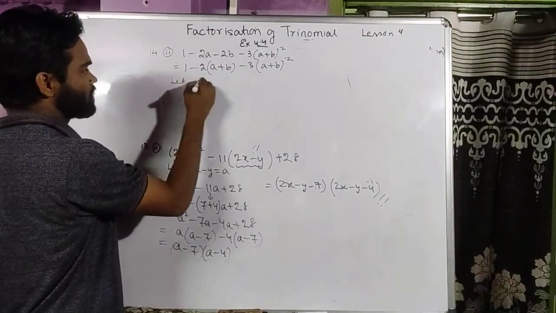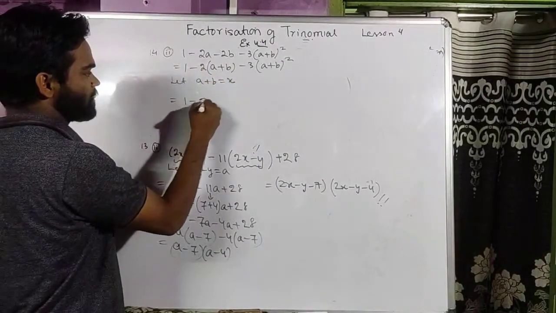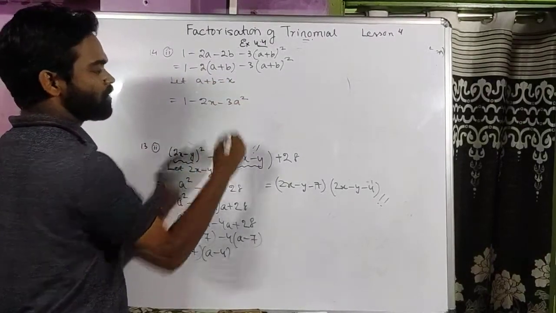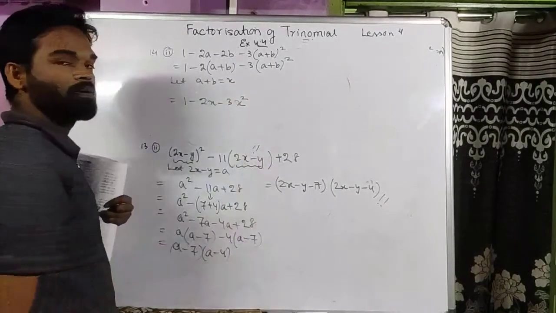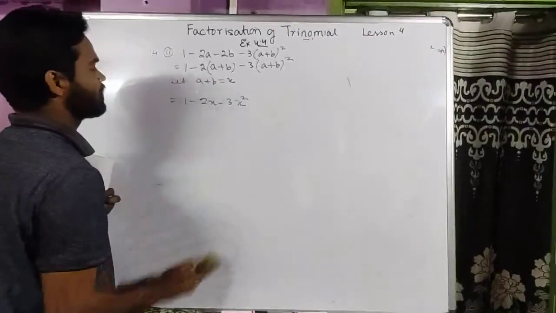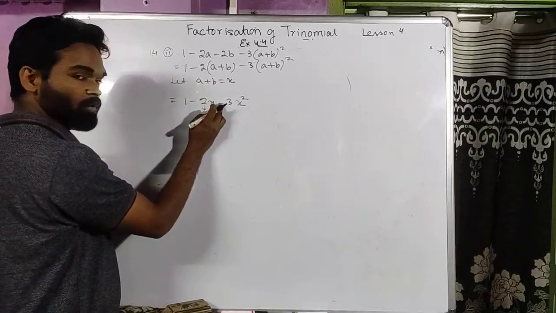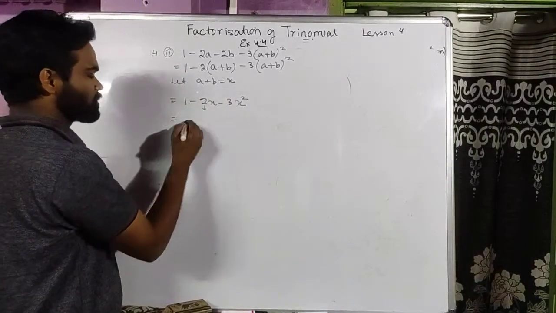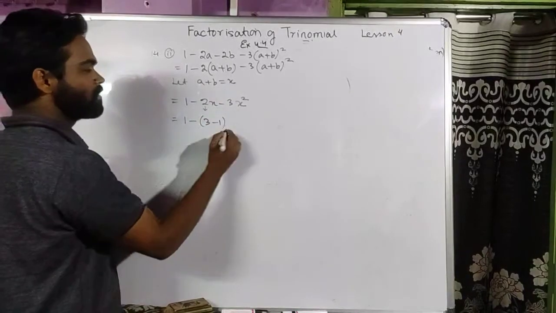Now let a plus b be x. So this becomes 1 minus 2x minus 3x square, which is in the same form. Now we know this will be expressed as a difference of two numbers because one of them is negative. 3 was the number, so we know 3 minus 1 gives us 2 and 3 ones are 3.